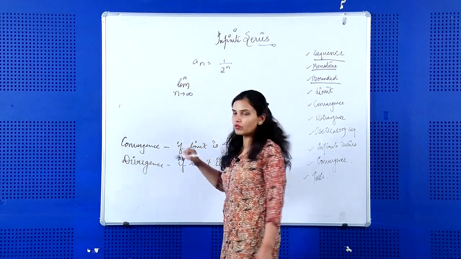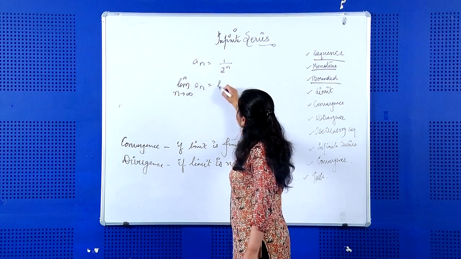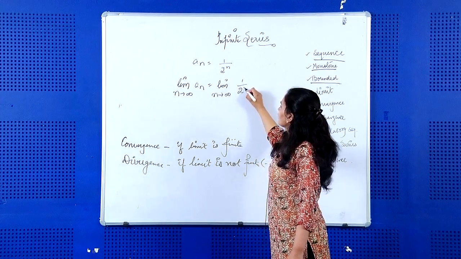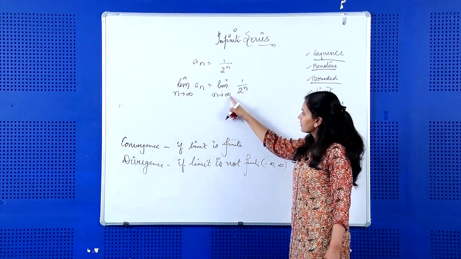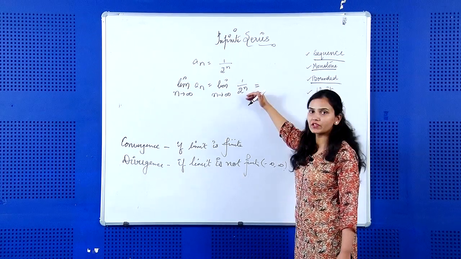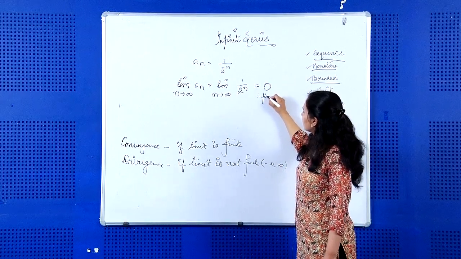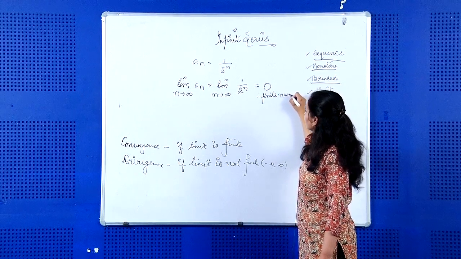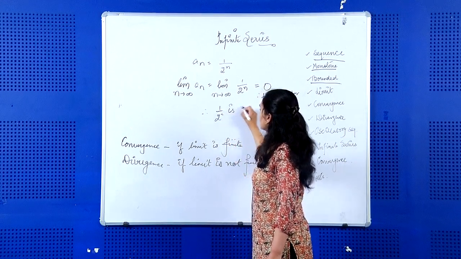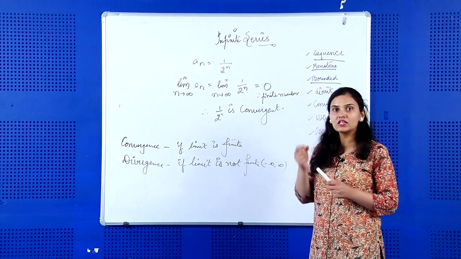Using the definition of limit as I have discussed earlier, an is 1 upon 2 raised to power n. Now, n is tending towards infinity, so the denominator will be infinite, and 1 upon infinity is 0. So, the limit is 0, which is a finite number. So, we say 1 upon 2 to the n is convergent.